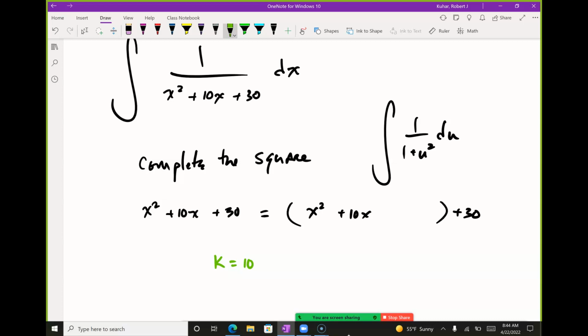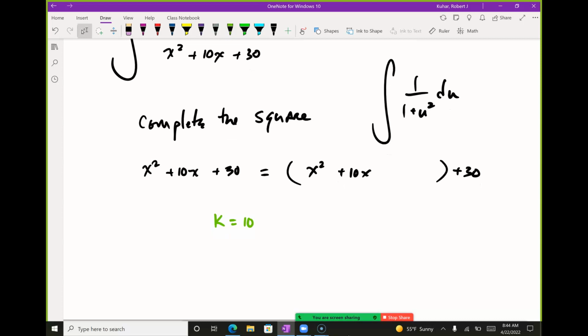I could say it was ax squared plus bx plus c, but when I factor out a leading coefficient, it's no longer that b from the quadratic, right? So I say it's k, and then I go half of k, which is 5, and then I go half of k quantity squared, which is 25. And I'm going to add 25 inside and subtract it outside.